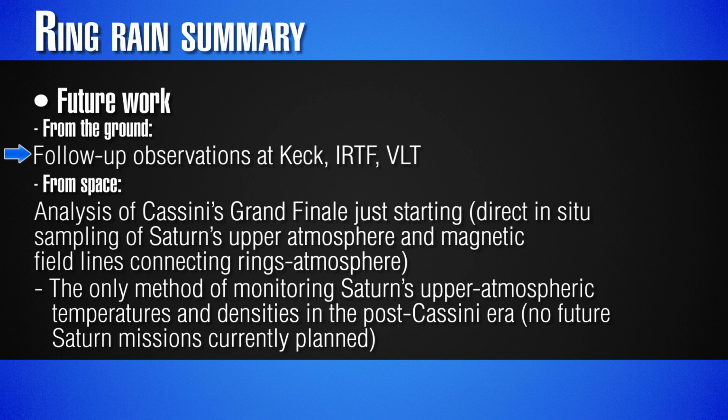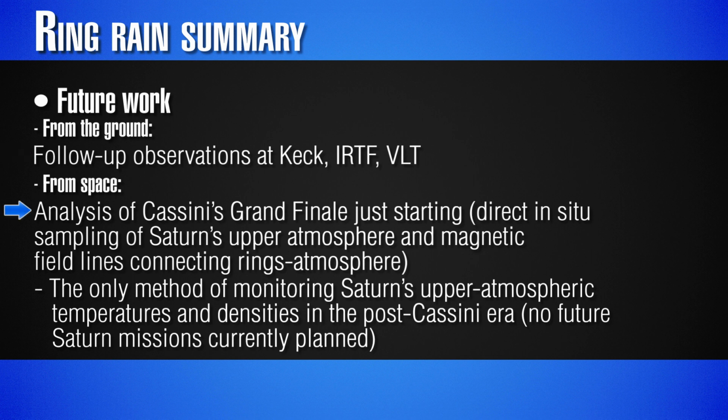These observations can continue to monitor the variation of H3+ in terms of latitude and time. So we might expect there to be some spatial and temporal variability in the rate of ring mass loss or ring rain. And in addition, they can give us better constraints that we can use with models to further improve our constraints on the ring mass loss rates.